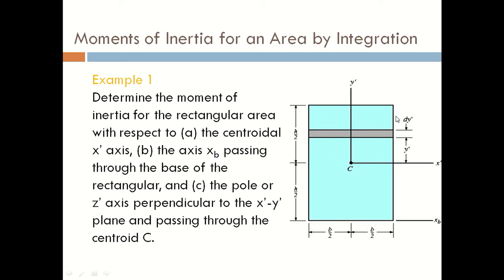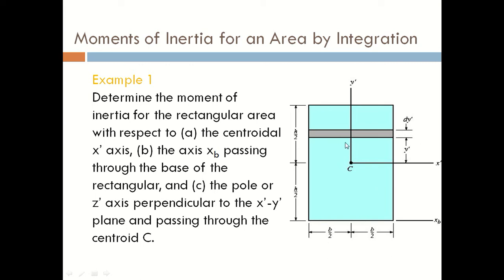Here we have considered a rectangular area whose centroid C is located here, and the axes passing through the centroid are the x dash axis and y dash axis. The total height is h, divided by the centroid into h by 2 and h by 2, and the width is b.